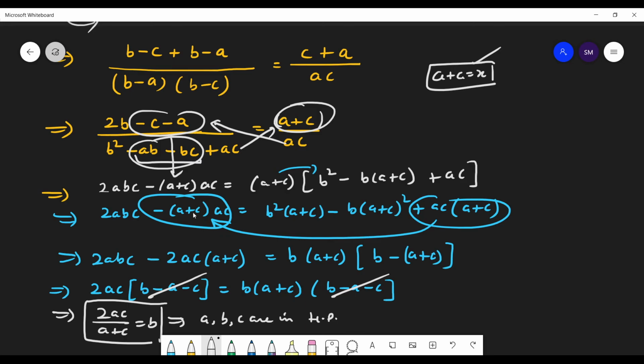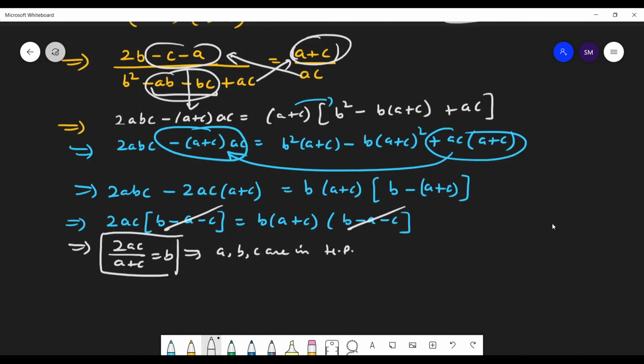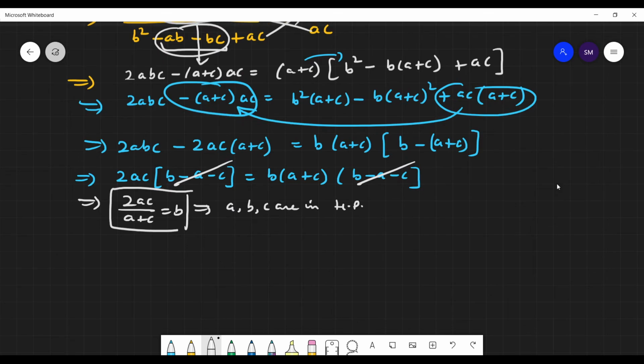I have not written here x, but you can write here x also, and then you can put the value back or assume them together. Okay. So it's easy to do calculations. So students, very important questions we have done. A lot of good algebraic questions, isn't it? In the past also and today also. Yes. So shall we start the next question?